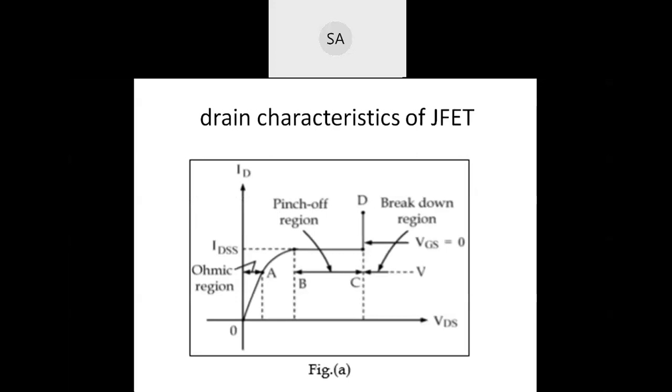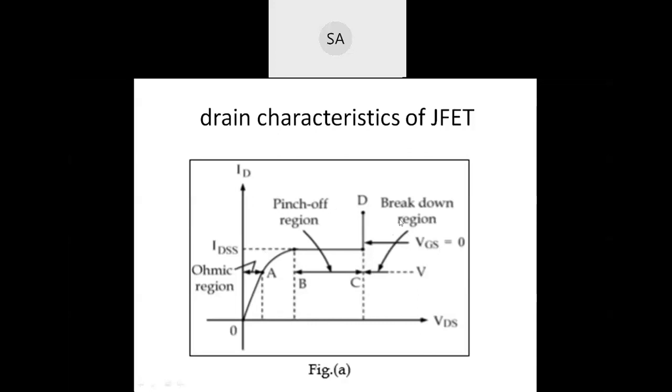So this is one way to explain the characteristics and the regions in the drain characteristics of the JFET. This represents the characteristics for VGS equal to 0. Similarly to the first diagram we discussed, here it is the drain characteristics of the JFET for the condition VGS equal to 0.